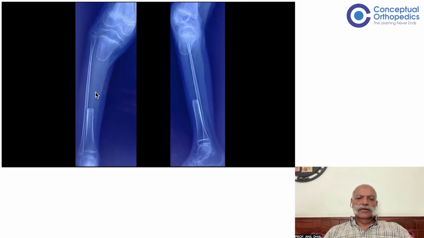And in the second stage, which is known as Huntington's stage 2, we did a similar procedure by doing an osteotomy of the fibula somewhere here, and then decorticating the lateral aspect of the tibia, and then implanted the fibula in juxtaposition to the tibia.